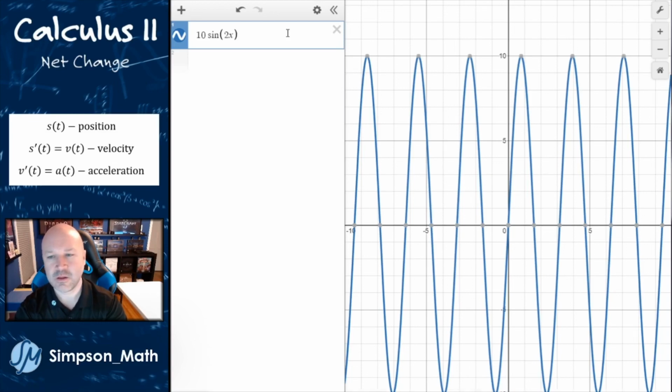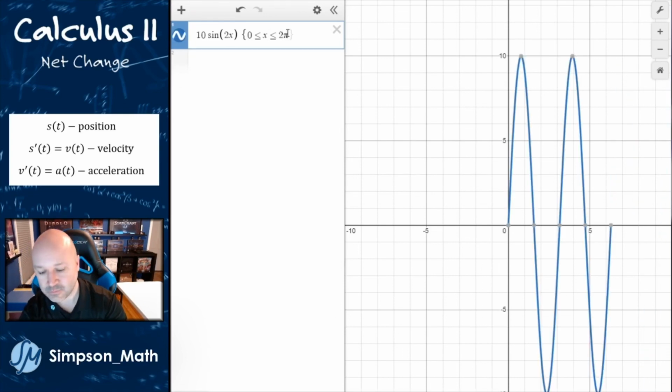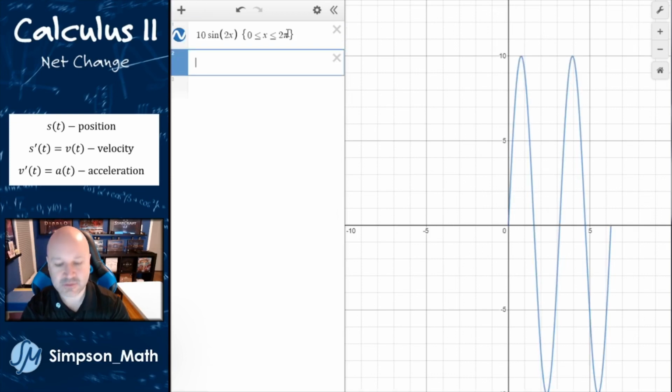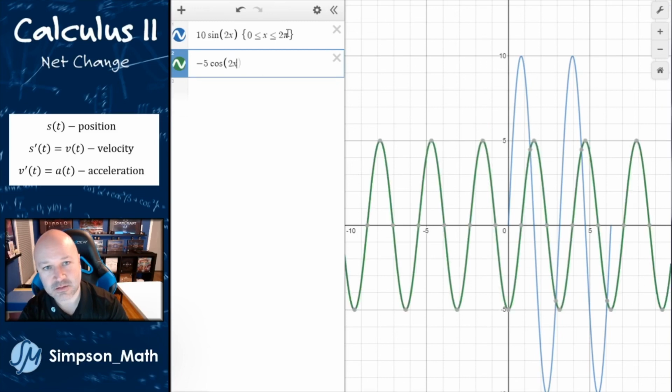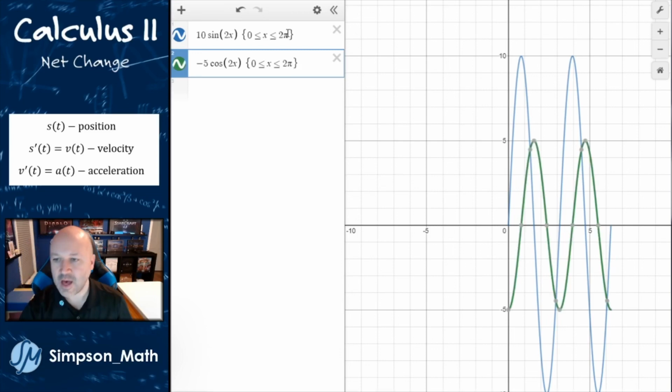And I only care about that interval, 0 less than or equal to x, less than or equal to 2 pi. And then let's get its antiderivative up there, negative 5 cosine double angle. Let's give it that same interval. I'm going to come over here and clean this up a bit.